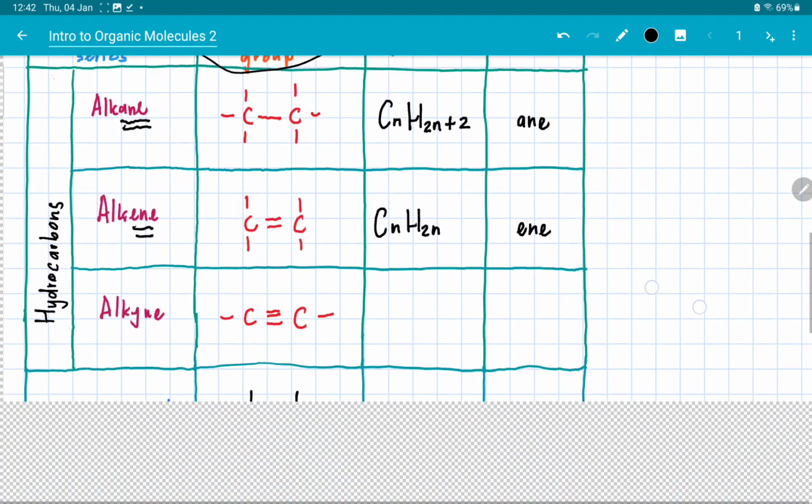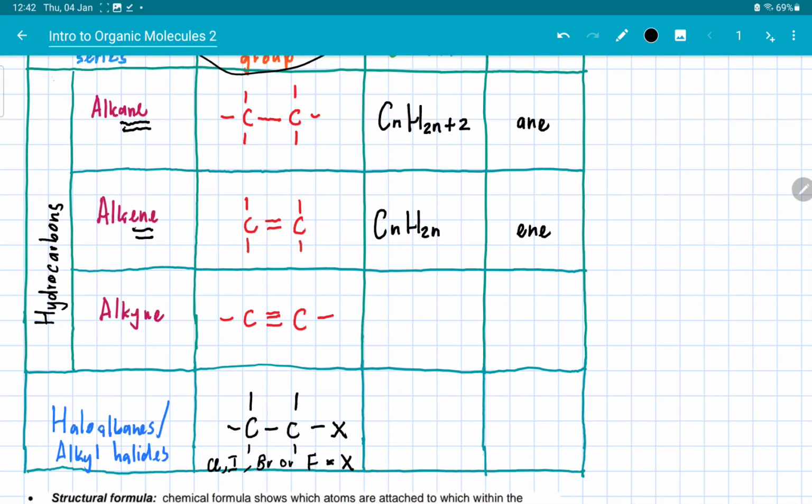And then alkyne, if you are guessing, minus 2 again, there's a hydrogen less. So it's CnH2n minus 2. You merely have to memorize the general formulas. You don't have to derive them. And the word alkyne ends with Y-N-E, which is about yne.